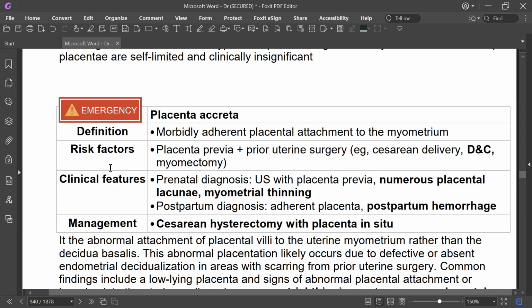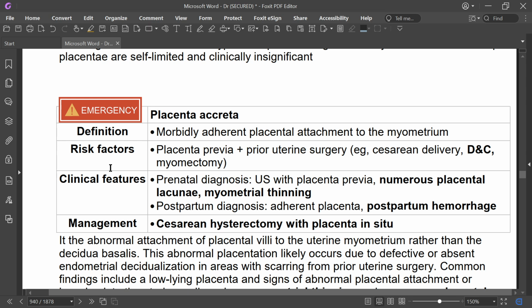Placenta accreta. Morbidly adherent placental attachment to the myometrium is called placenta accreta. The risk factor is placenta previa plus prior uterine surgery: cesarean delivery, D&C, and myomectomy.